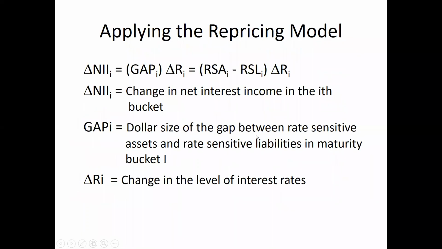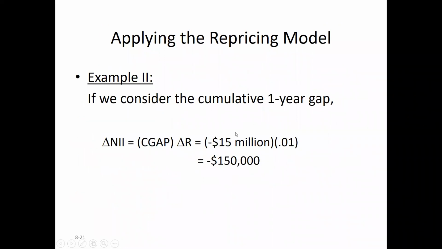So a 1% increase will definitely reduce your net interest income by $150,000. That $150,000 reduction in net interest income comes when the 1 year gap is taken into consideration, and just a 1% change will really have a huge effect.